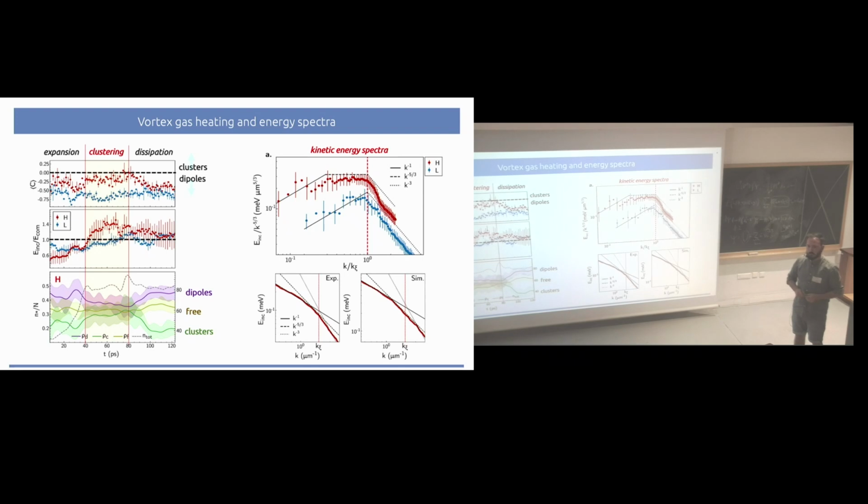In the early expansion period it is a little bit flat, and then at some point the shape is established. Of course, this is just a way to plot it: we divide by k to the -5/3. It goes a little bit flat, and then it stabilizes on the -5/3.